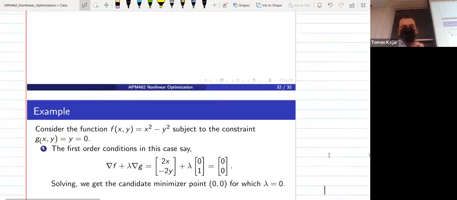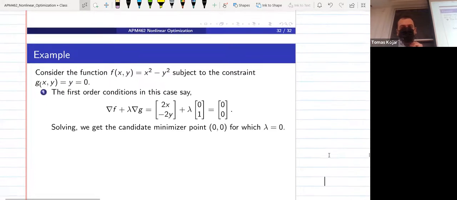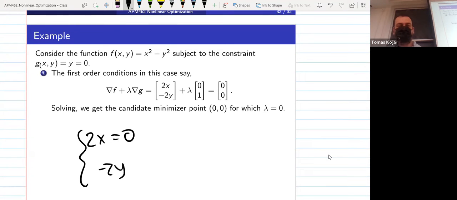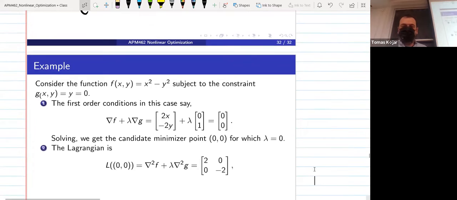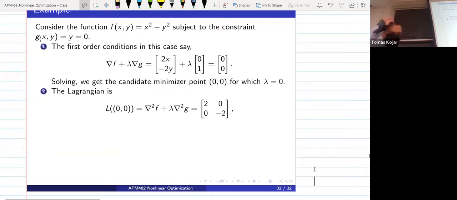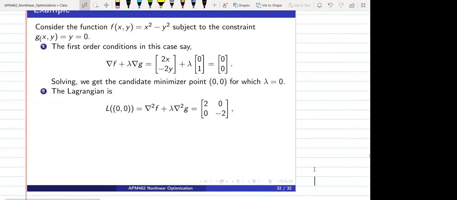And then do you want me to solve it? I'll solve it. So we have 2x is 0 and minus 2y plus lambda is 0, right? So yeah, anyways, this is a solution, and that's right.